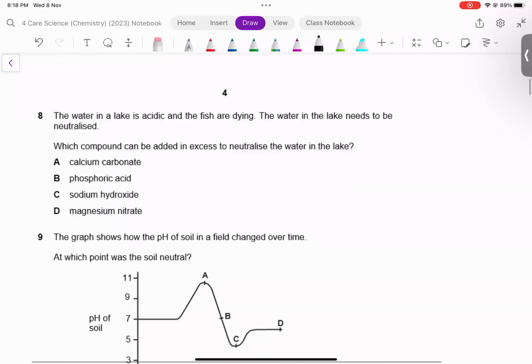Now, question 8, I would like you to learn this well. Now, you're told in question 8, the water in the lake is acidic. The water is acidic, and that causes the fish to be dying. The water in the lake needs to be neutralized.